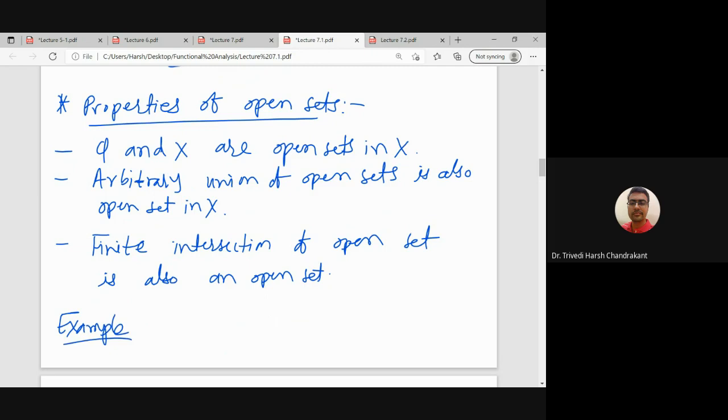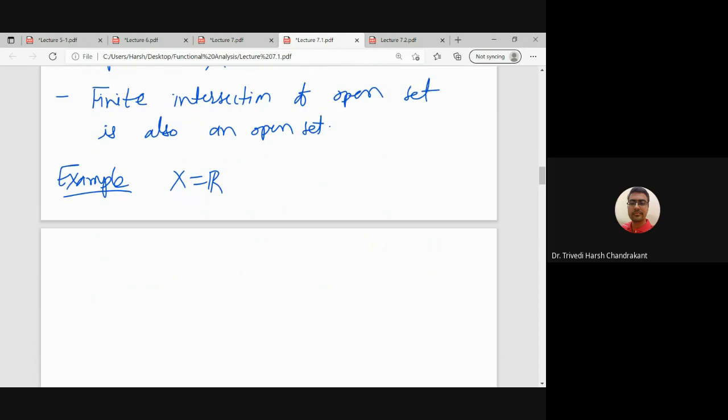If we have a real line, which is a metric space, what are the balls in the real line?